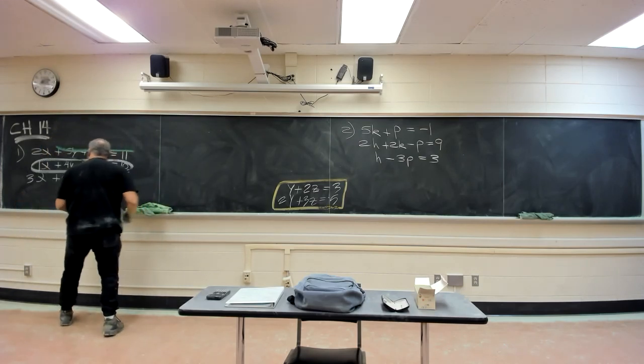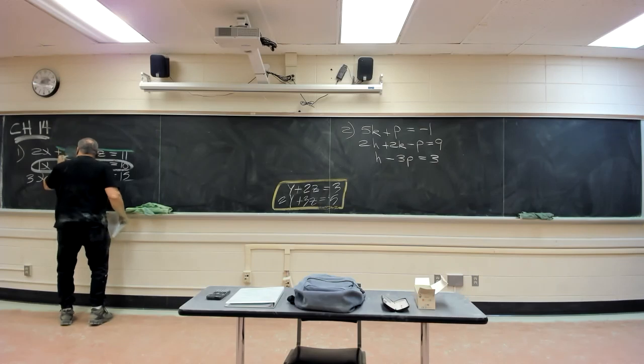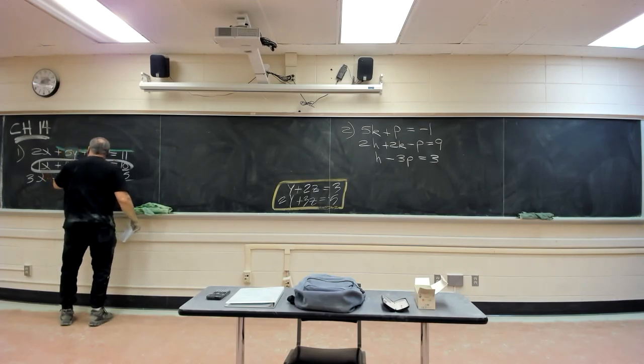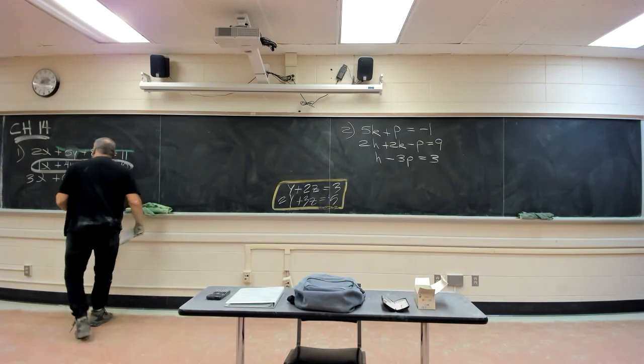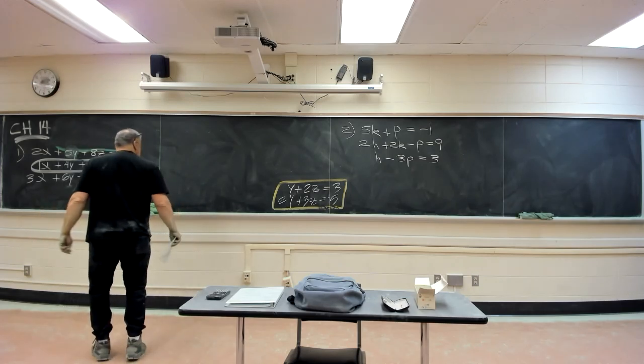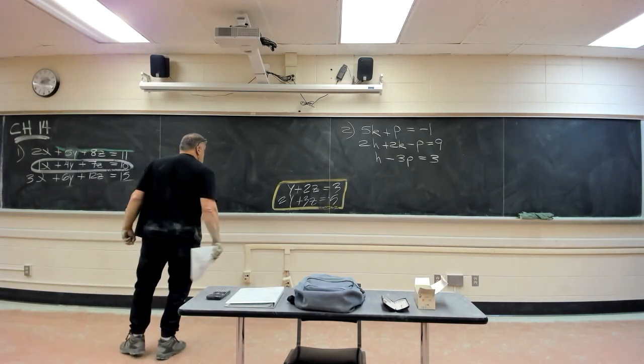All right, so we got, this is 5y right here, you guys. This is 8. So that's kind of the way the originals are looking. We got this. Let's see what we can do.